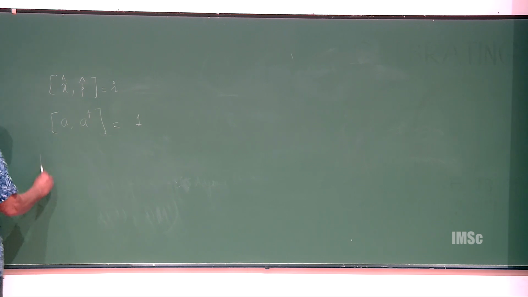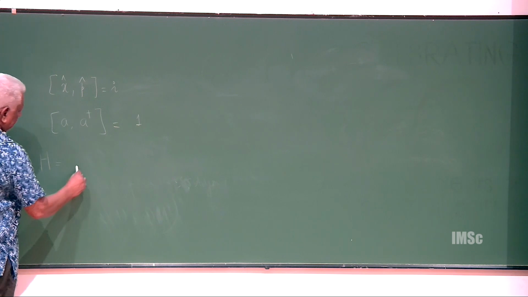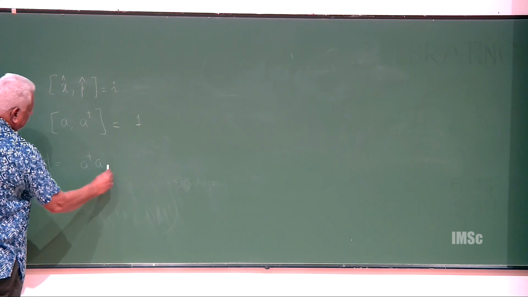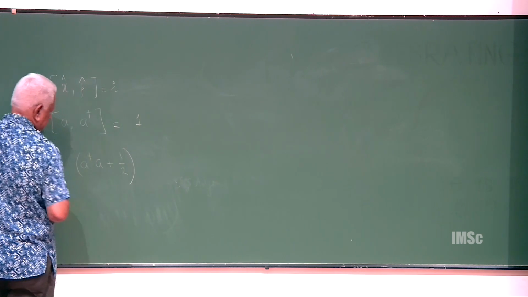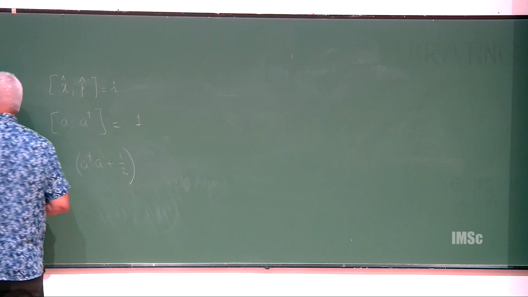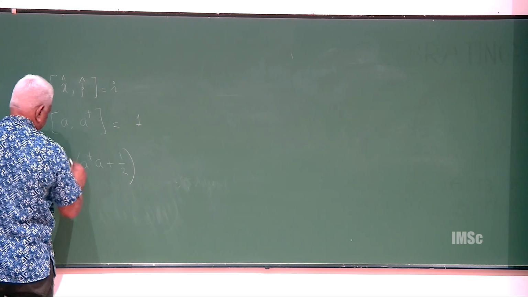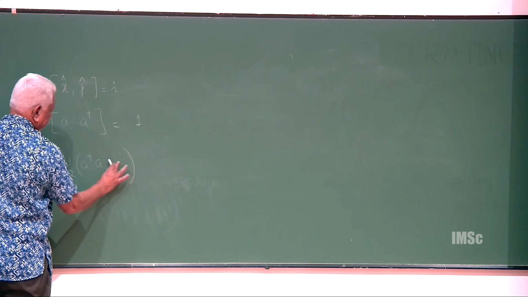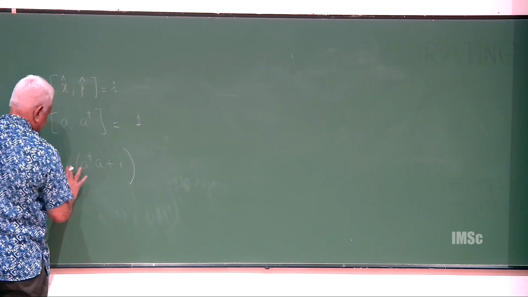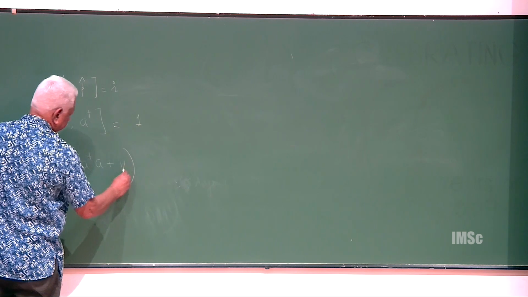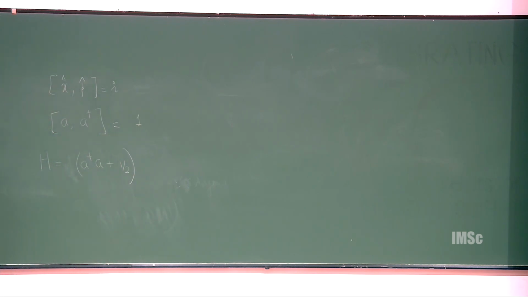And the Hamiltonian which you have here is A dagger A plus half. Am I right? Yes, A dagger A plus half. This is what the operator will turn out to be.